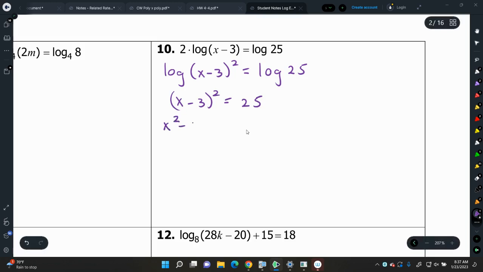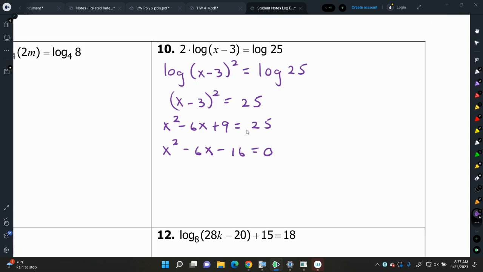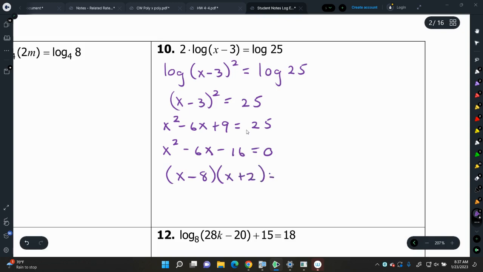X squared minus 6x plus 9 equals 25. And then we'll subtract 25 from both sides. Okay. And this will factor as x minus 8, x plus 2. So x equals 8 or negative 2.